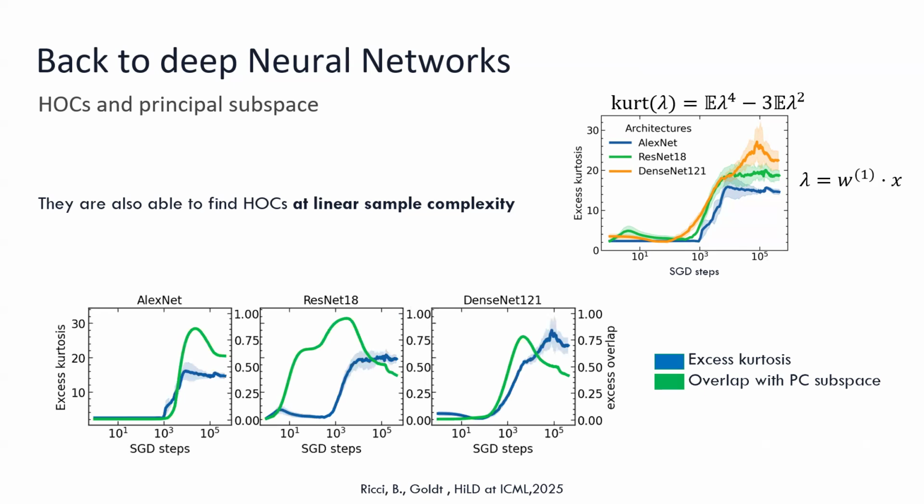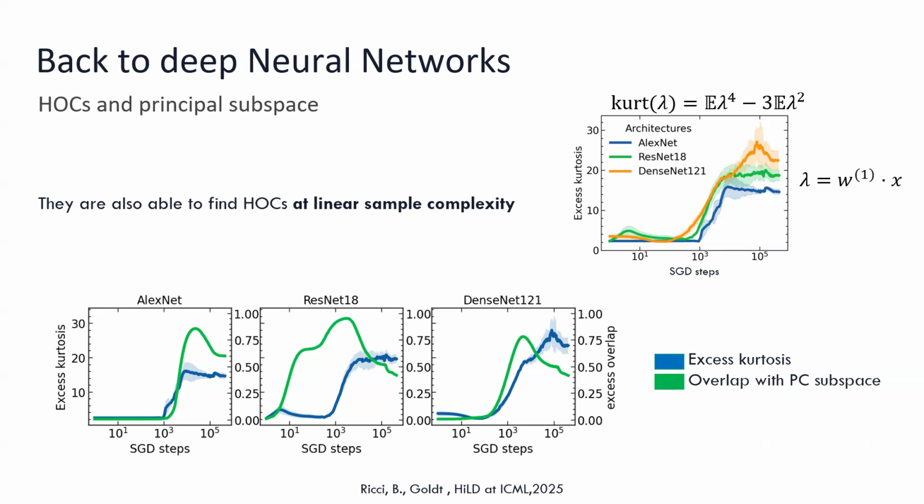So we made this experiment of running the same network as before. And the blue line here is the same that we have here. So we just plot the excess kurtosis. And the green line here is the overlap with the principal component subspace. So basically, your network will learn at the beginning, and for the first layer weights, we see how much they overlap with the ones that we get running PCA.